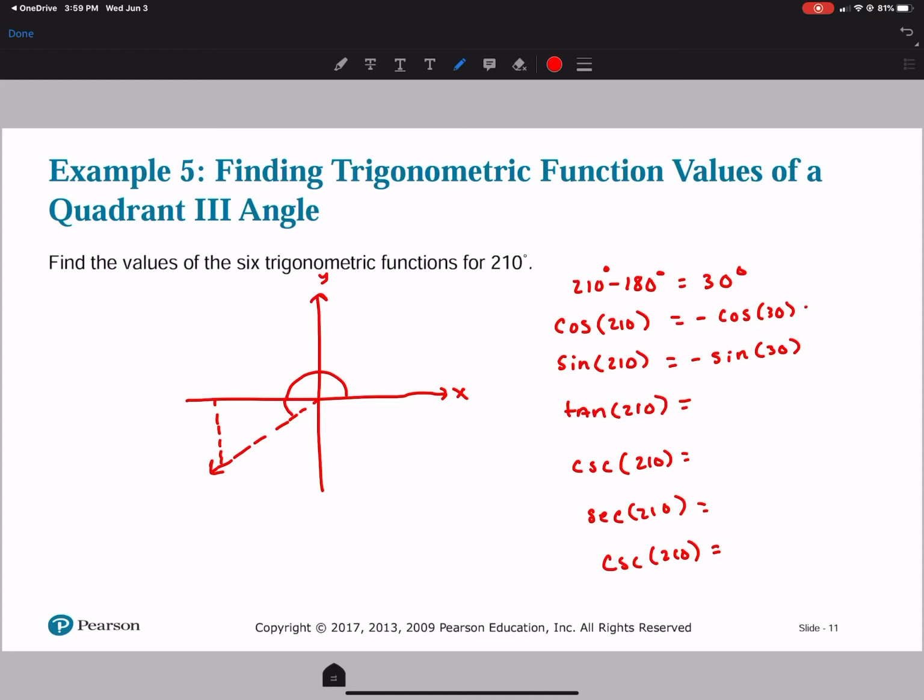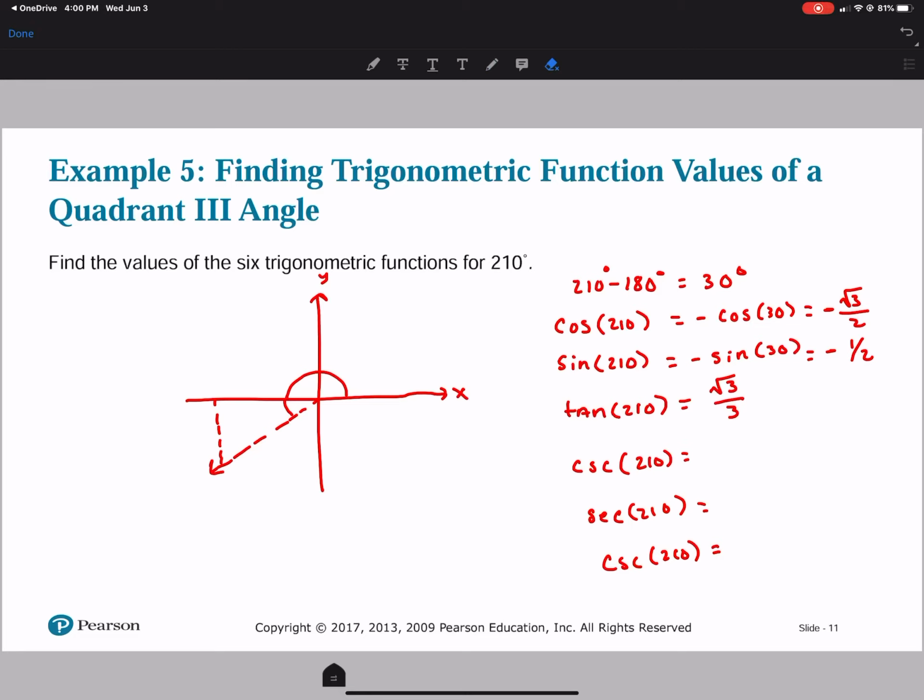So if we look at cosine of 30, it was the square root of 3 over 2, but it'd be negative square root of 3 over 2. Remember, the sine of 30 was 1/2, so it'd be negative 1/2 because we're in the third quadrant. Then when you put the two together, negative of negative is positive, and you'll get the square root of 3 over 3 for the tangent of 30.